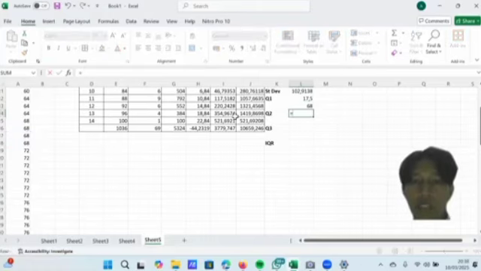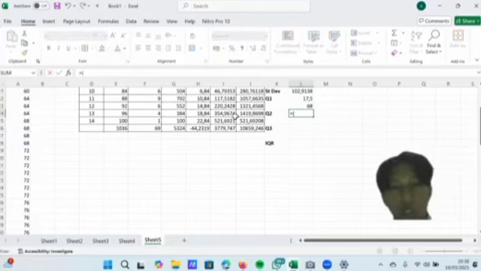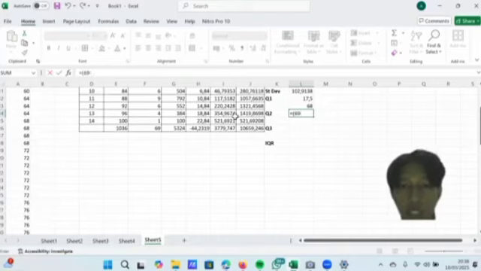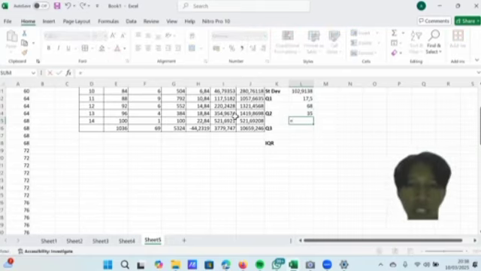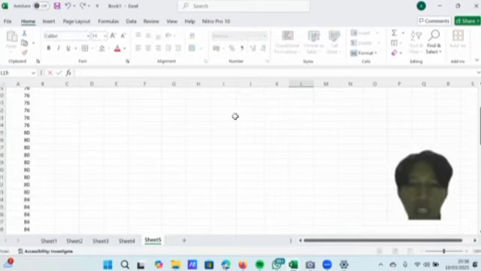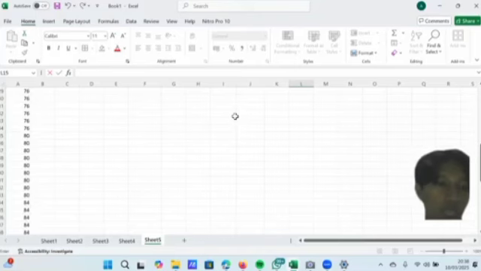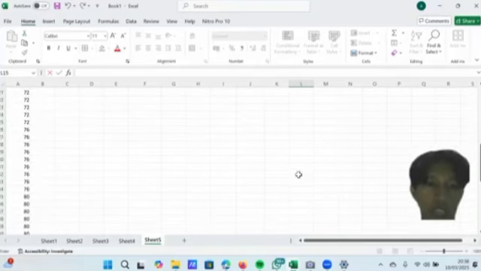Okay. And then quartile 2, which is the amount of the data plus 1 and divided by 2. Enter. And then this is the same as the median, 80.